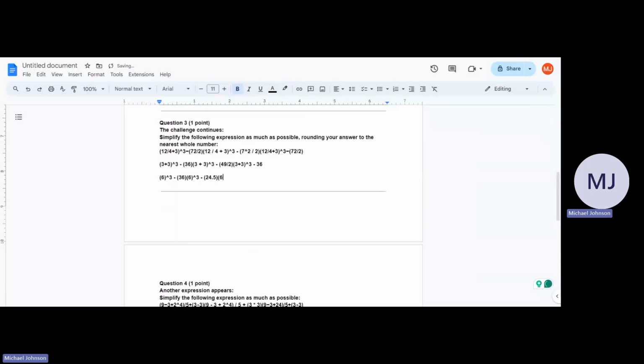6 cubed here, minus 36, and then 6 cubed would be 216 actually. So 216 minus 36, 216 minus 24.5.